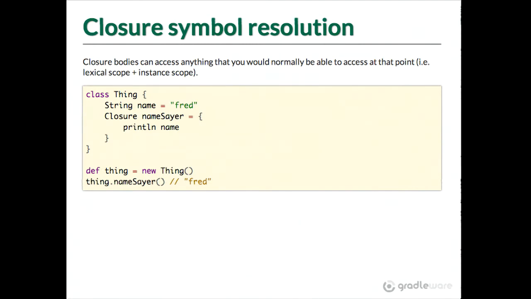Then I have a closure called namesayer, which will print name. And notice that it is referencing a variable in the class, like a method would. Then I can say new thing, and I can call thing.namesayer, and it accesses that variable, like a method.